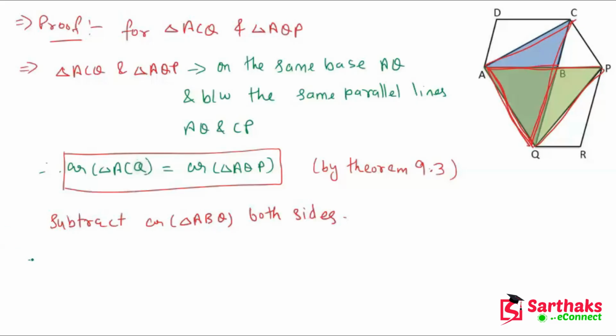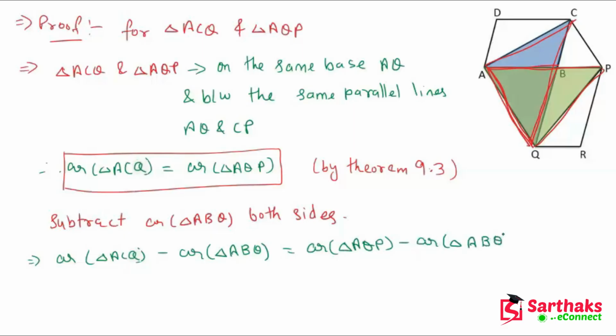So this will become area of triangle ACQ minus area of triangle ABQ is equal to area of triangle AQP minus area of triangle ABQ.